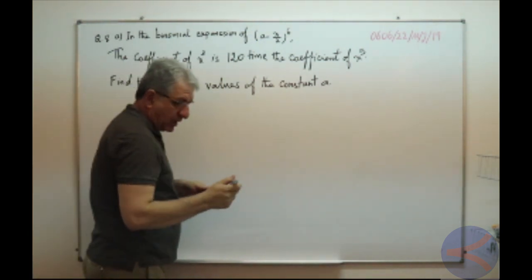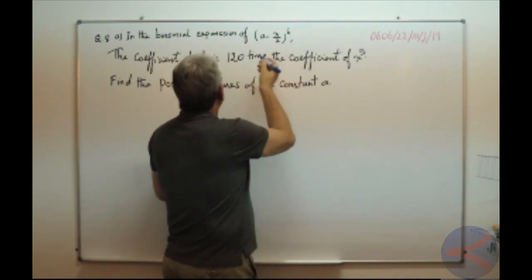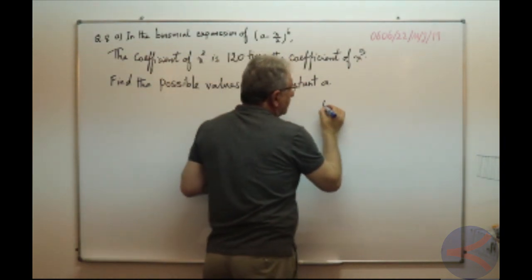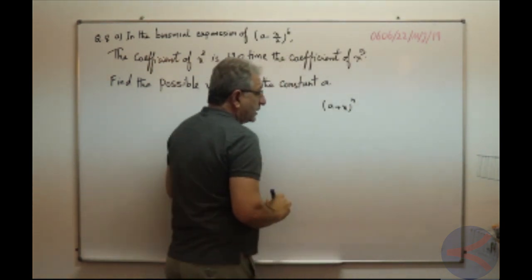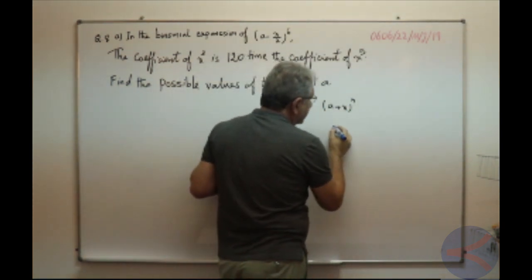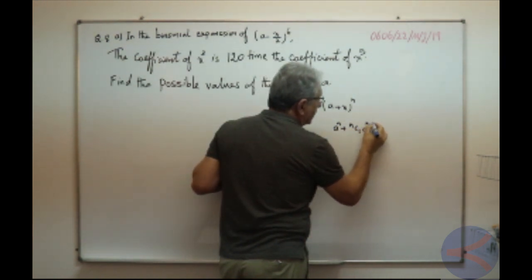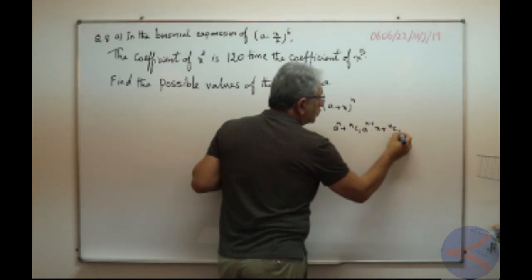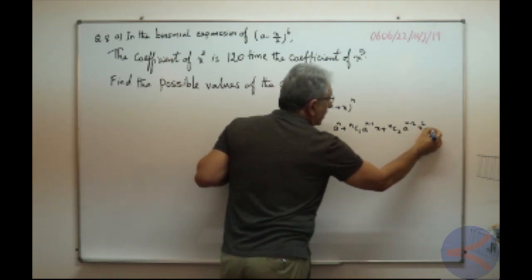First of all, a brief reminder of the binomial expansion. You know that if you have (a + x) to the power of n, then the expansion will be a to the power of n plus nC1 a to the power of n minus 1 x plus nC2 a to the power of n minus 2 x squared, and it goes on like that.